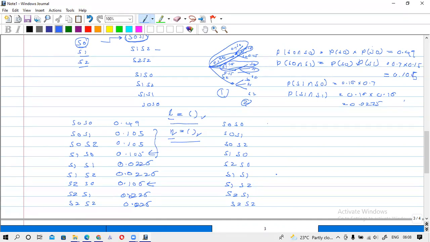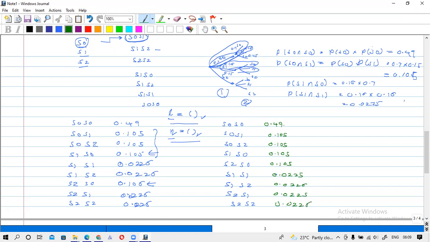Here we have 0.49, then 0.105, 0.105, 0.105, 0.105, and we will have 0.0225, 0.0225, 0.0225, and 0.0225.